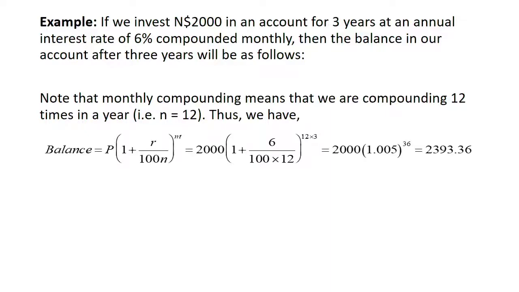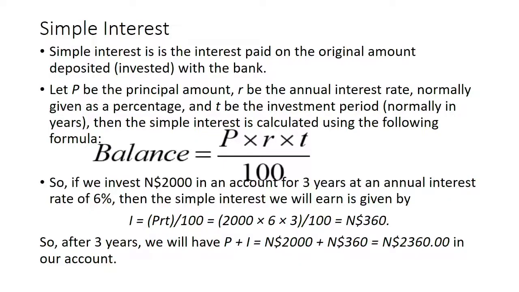Now, if we compare this to the money that we had for the simple interest, you realize that compound interest earns you more money than simple interest, because in the case of simple interest, you have interest only worked out on the money that you put in, but the interest that you earn in the previous year is not being considered for the subsequent years when you are calculating interest.